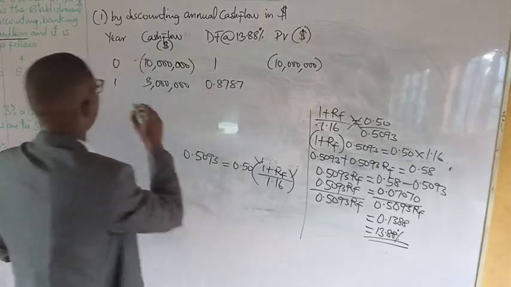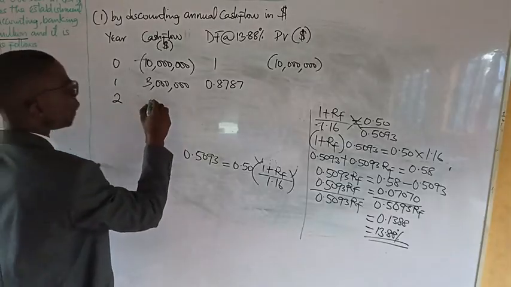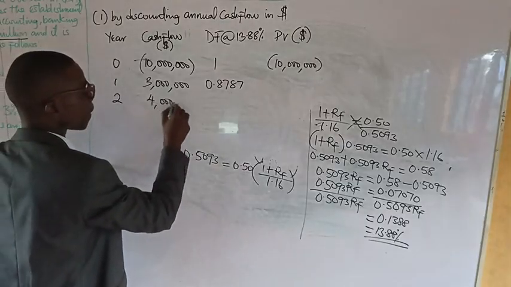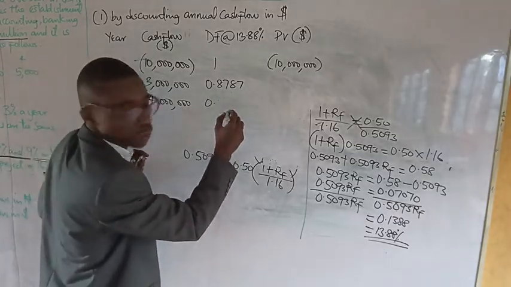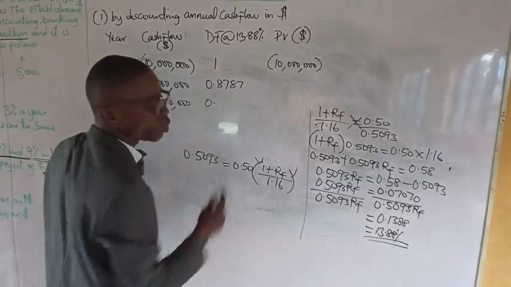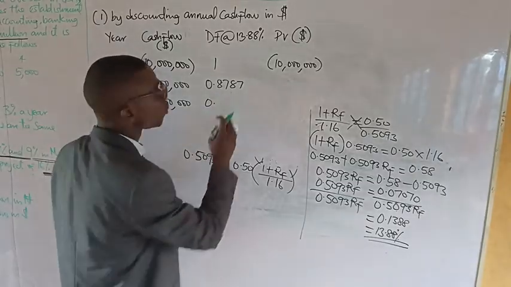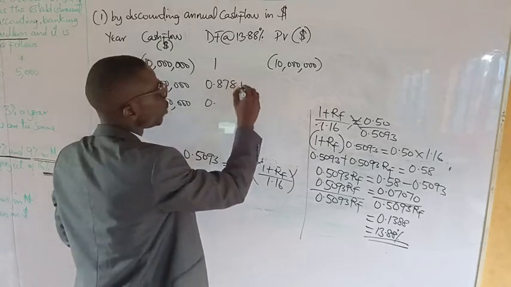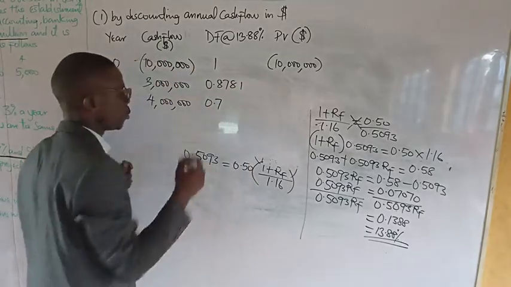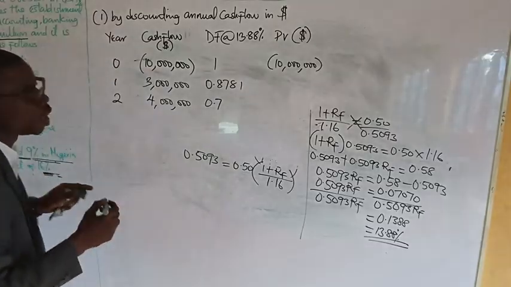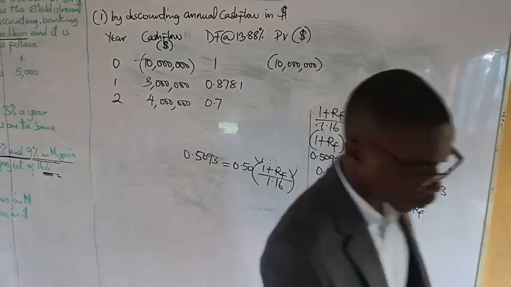0.8787. Okay. Year 2 will be 4 million. 0.8. The second one is what? 0.7 what? Let's be fast. 0.7 what?